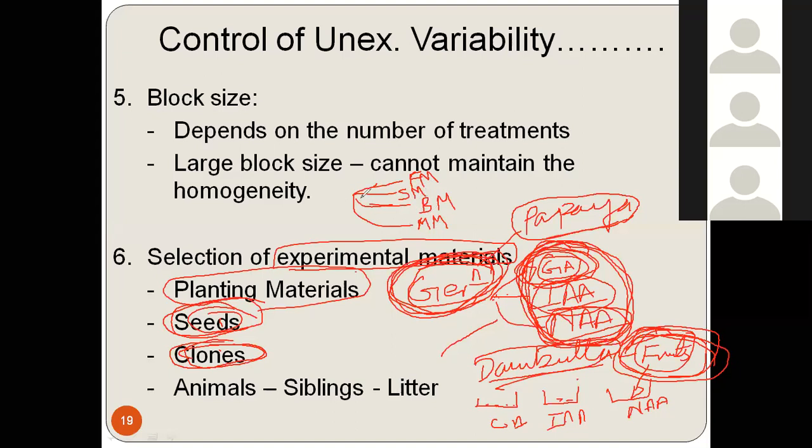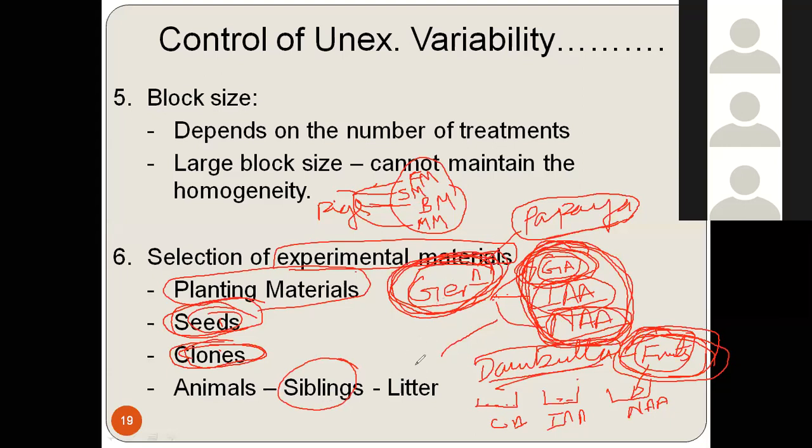This is what I am going to test on pigs, for example. What is the best way to select the animals from pigs? The best way is selecting siblings. Do you know what siblings are?